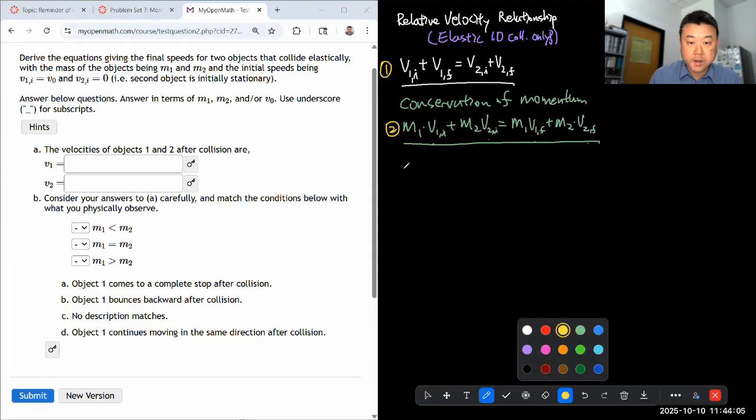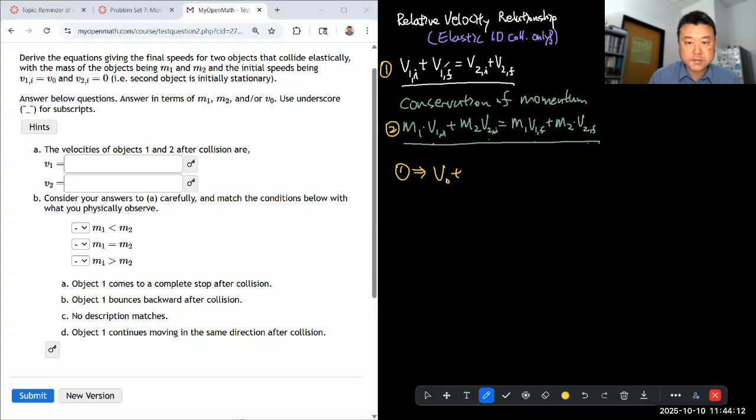So equation 1 simplifies into V1 initial is V0 plus V1 final, that's an unknown, so I think they are calling it V1. So let me just call it V1 is equal to V2 initial, they said it's 0, plus V2 final, that's what they are calling V2.